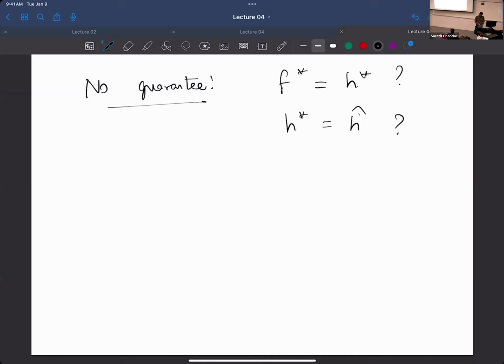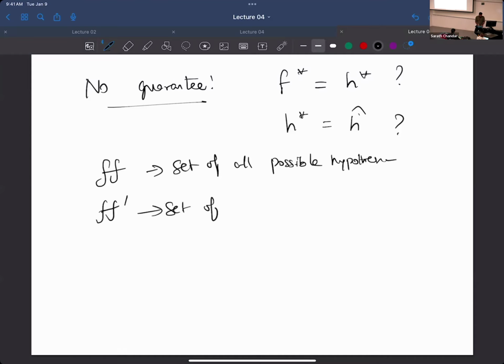So if I have to draw this as a picture, let's assume that this big H is basically the set of all possible hypotheses. Every function in the world and their instantiations, okay? And h dash is basically the set of all possible hypotheses for a given model.